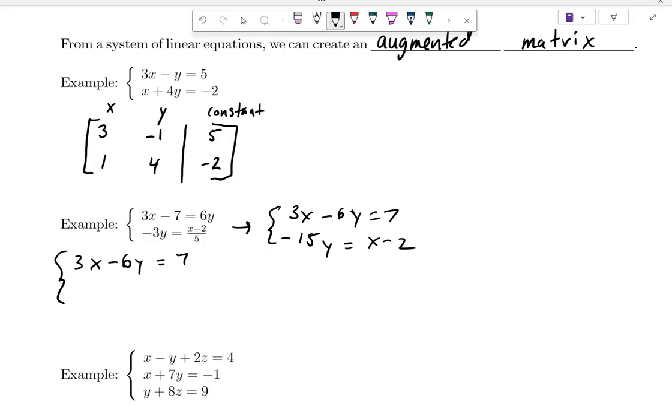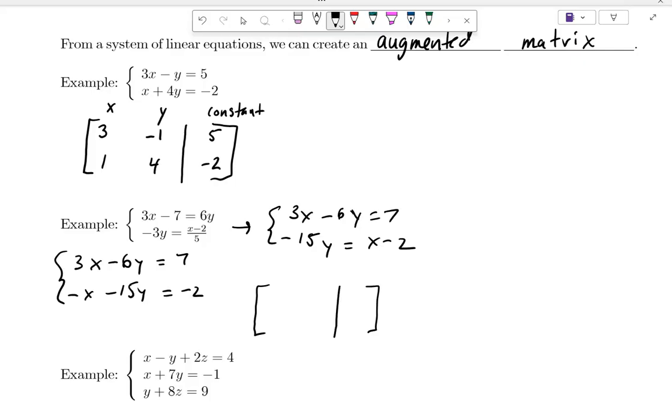And then again, I need to have everything on one side for my variables. So I would have -x minus 15y equals -2. Now I have my x's stacked, my y's stacked, and my constants stacked with the equals there next to the constants.